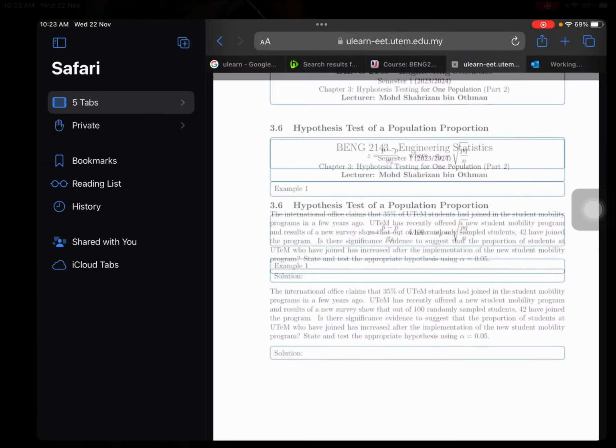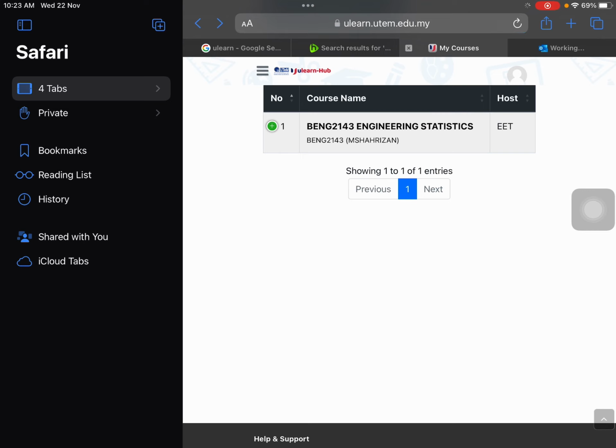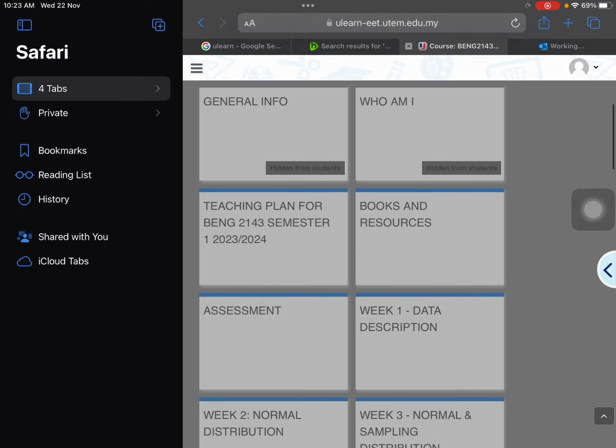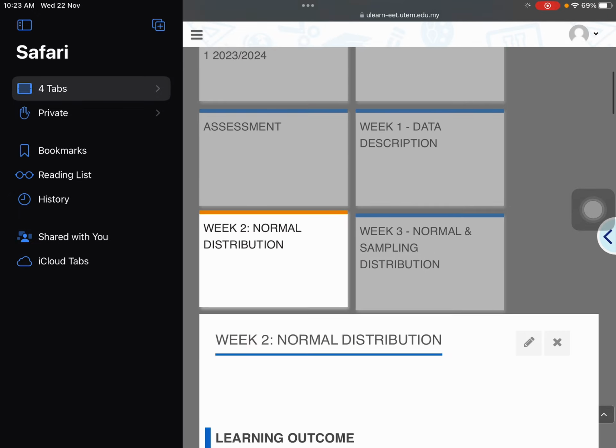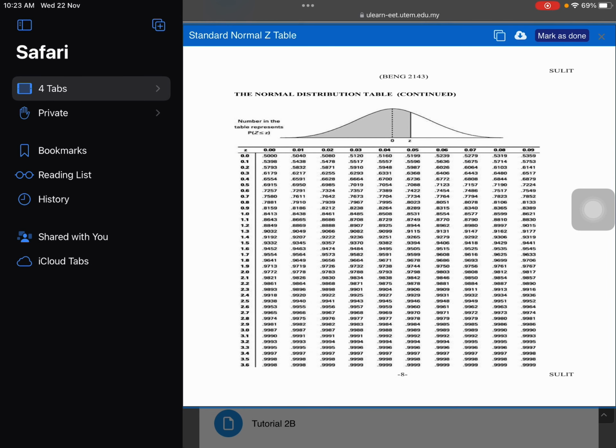Okay, good. So let's try to open my Eulen and find, I think in week 2, normal distribution. Take a look at the standard normal Z table.